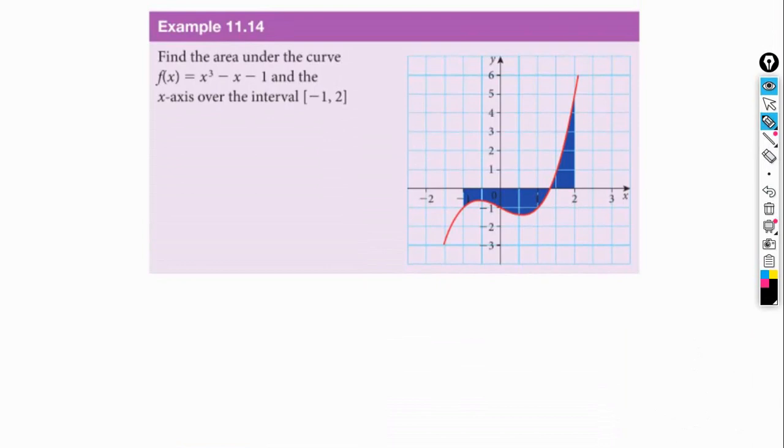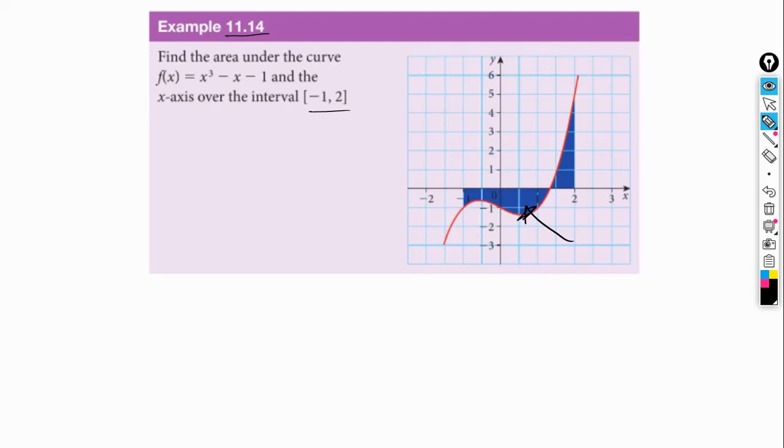Okay, so here we are in example 11.14, and it says find the area under the curve f of x equals x cubed minus x minus 1 and the x-axis over the interval -1, 2. So this case is a little bit different from the previous one because we have a sector of the area here which is under the x-axis.